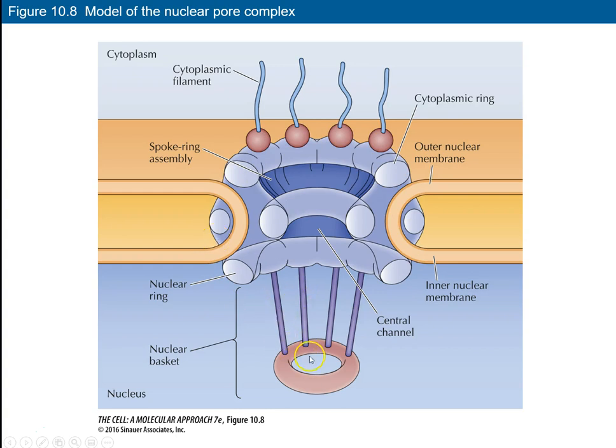This is the basket-like structure they were talking about before. You can see a ring assembly here on the nuclear face of the inner membrane, and another ring assembly facing out, okay? Bottom line, this is a pretty complex structure made up of a lot of different proteins and very specific in terms of its structure.